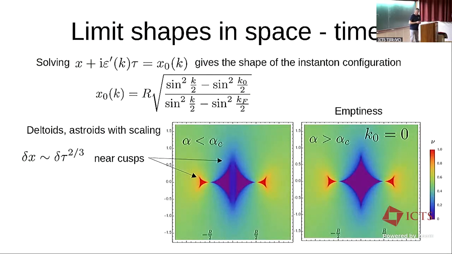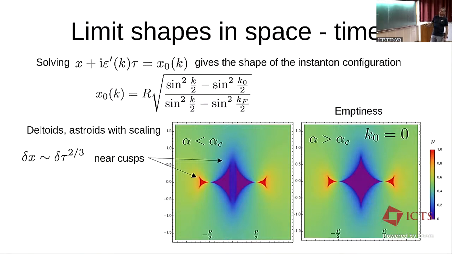So this is what happens on the two sides of the full counting statistics emptiness transition. For a large value of the penalizing parameter alpha, one gets emptiness, as was shown before.